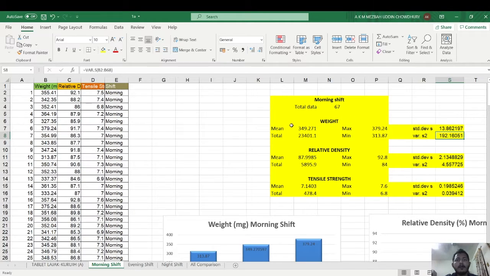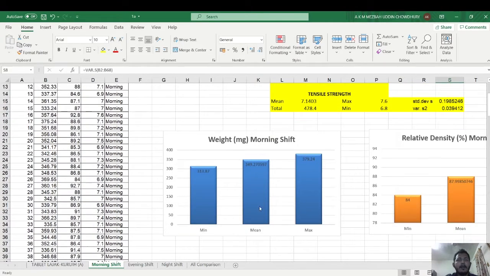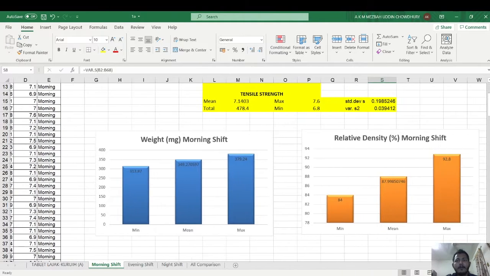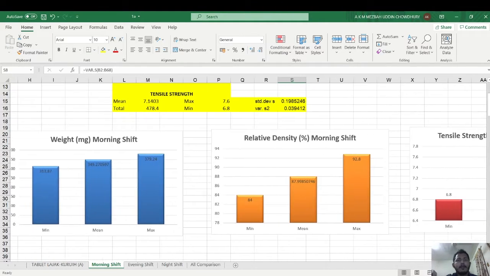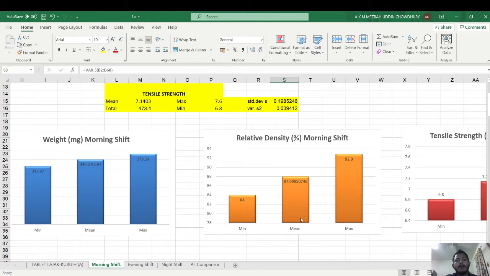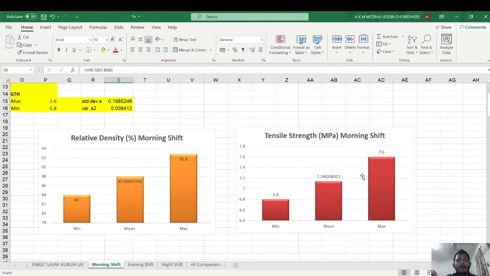Here we have the weight, the relative density, the tensile strength for the morning shifts, the mean, maximum, minimum, standard deviation, and variance. Here we have the comparison between the weights, the minimum, the mean, and maximum, the relative density for morning shifts, minimum, the mean, and the maximum, and the tensile strength for morning shift.